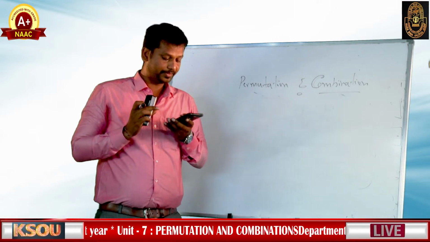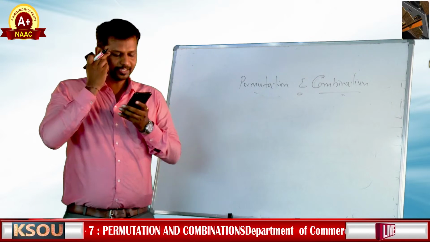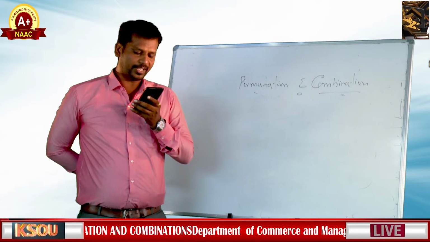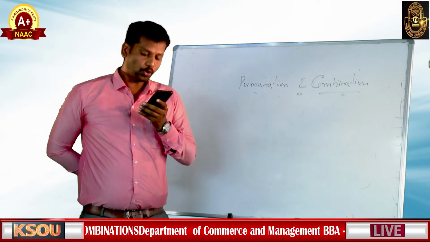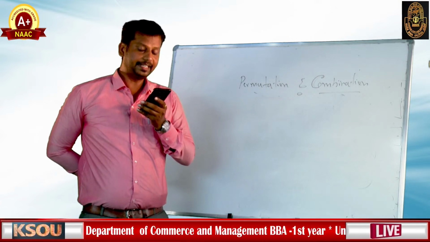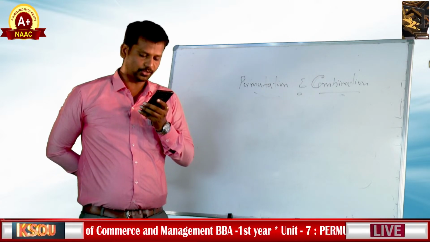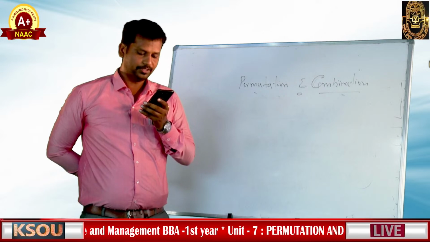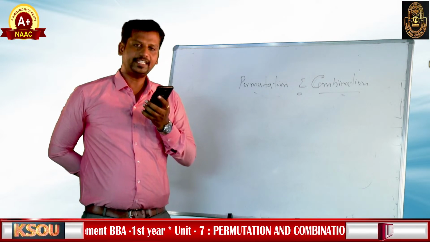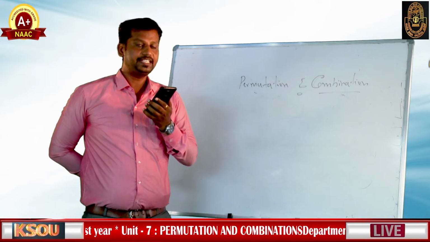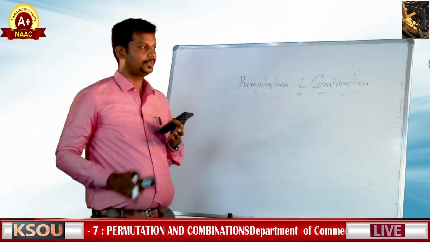Question number 9: in how many ways can a 4 digit number greater than 8,000 be formed from the digits 3, 5, 7, 8 and 9? What is the question?